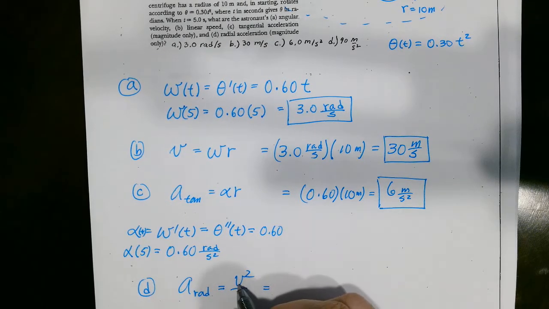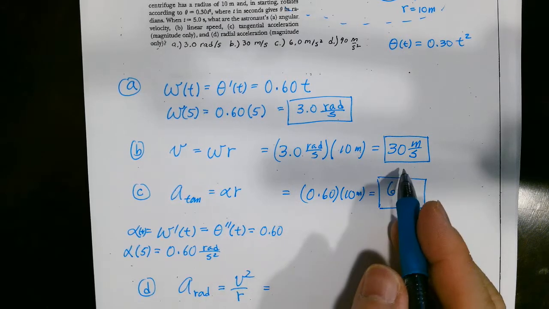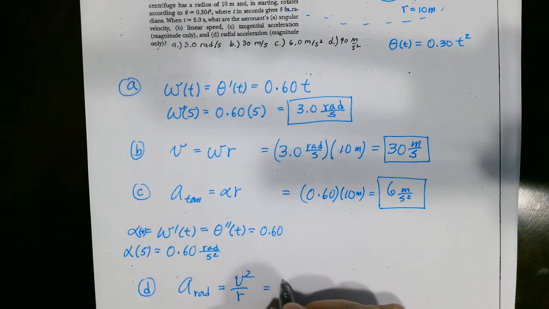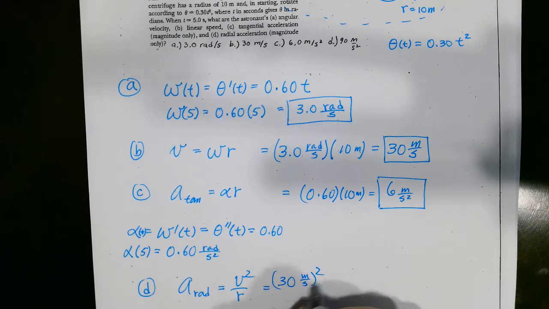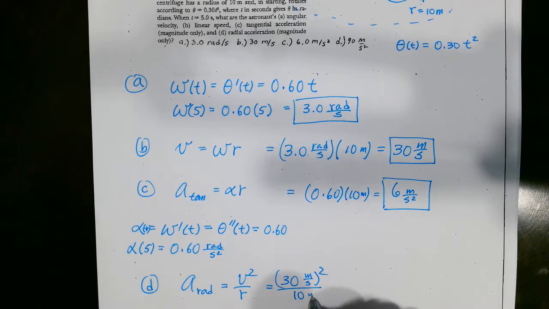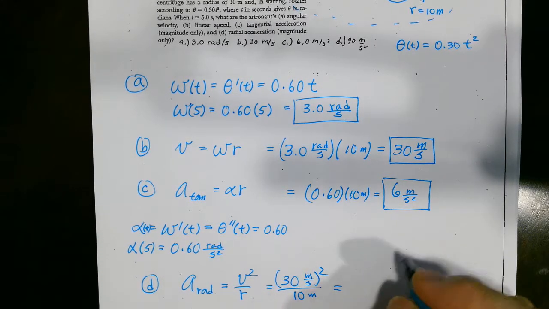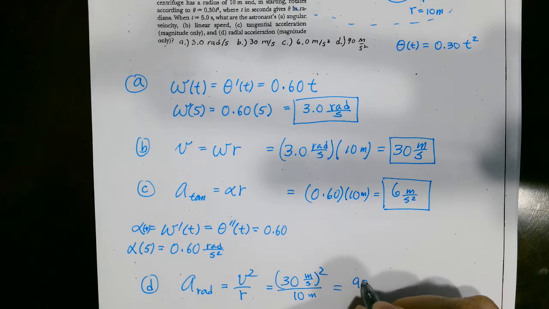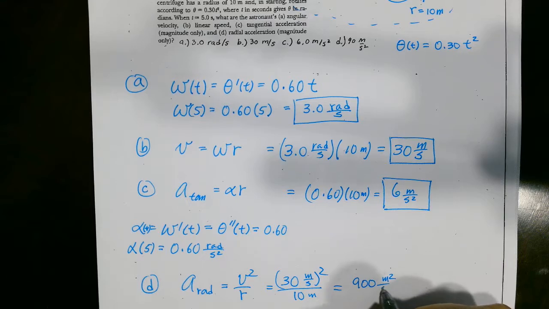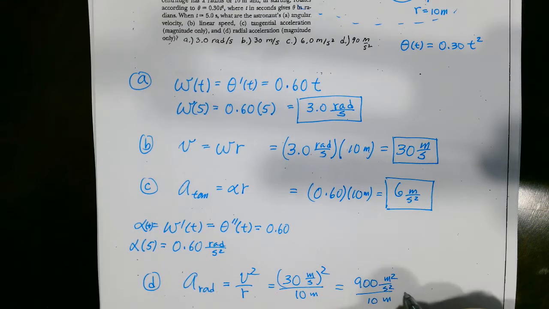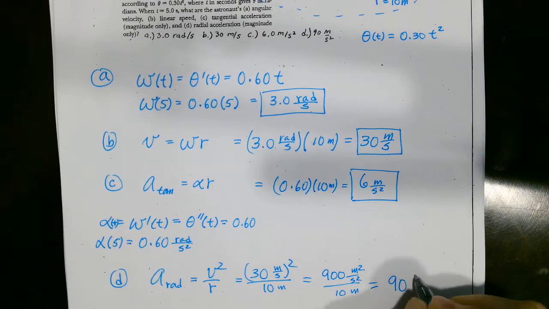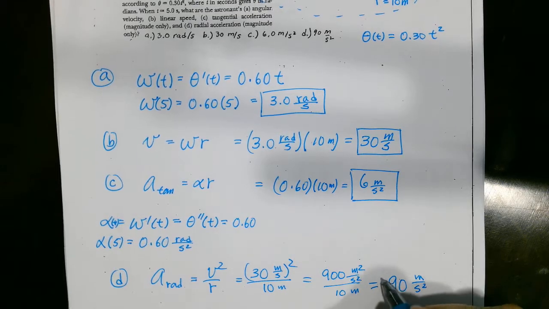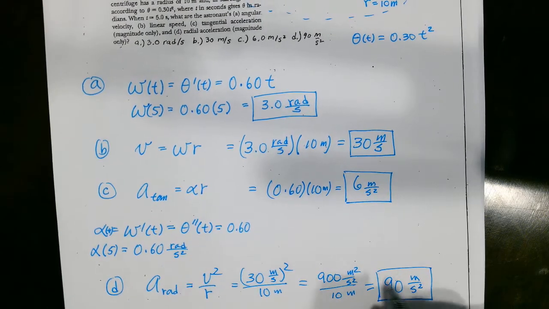We already know v is equal to 30 meters per second at 5 seconds. Square that, divide that by 10 meters. So we're going to get 900 meters squared per second squared divided by 10 meters. Therefore, we're going to get 90 meters per second squared for my a radial.